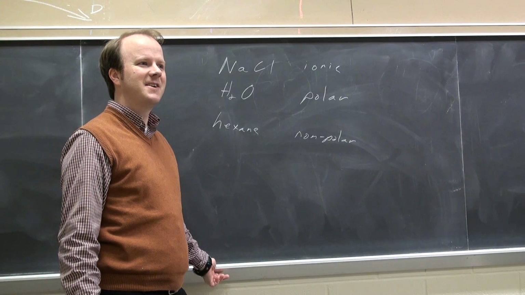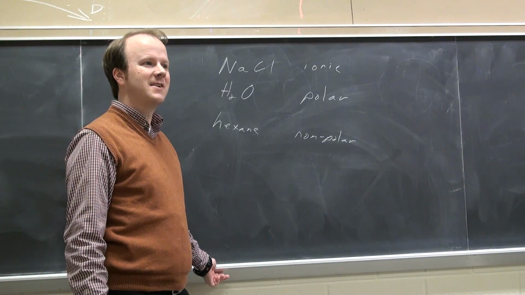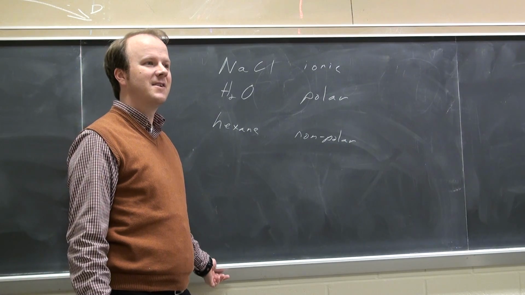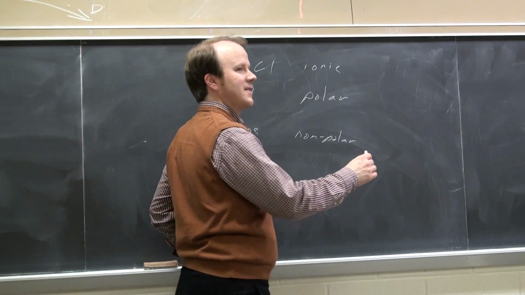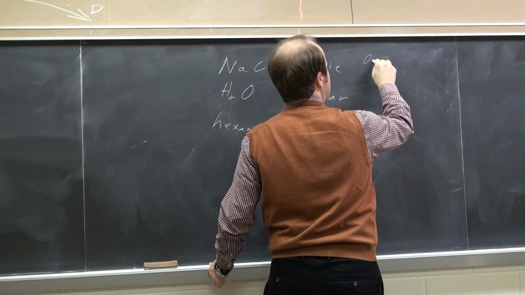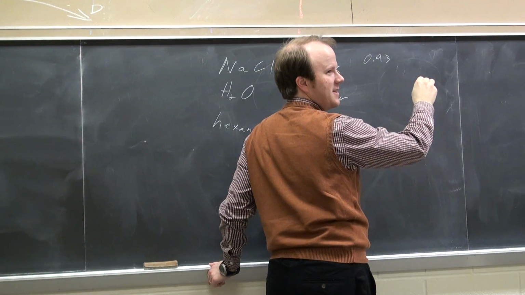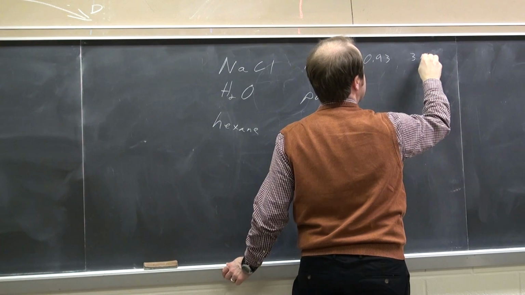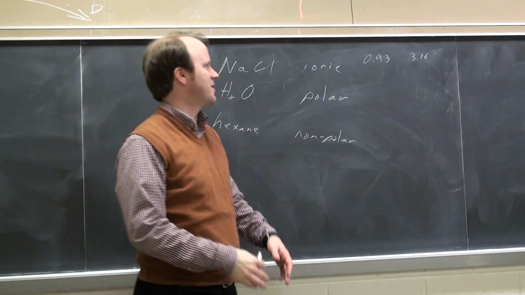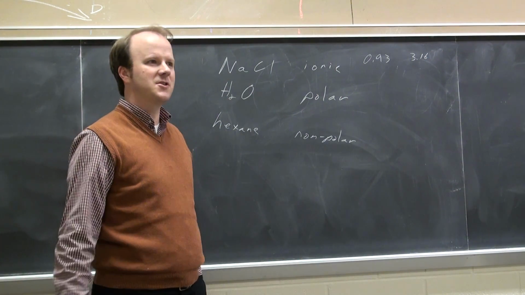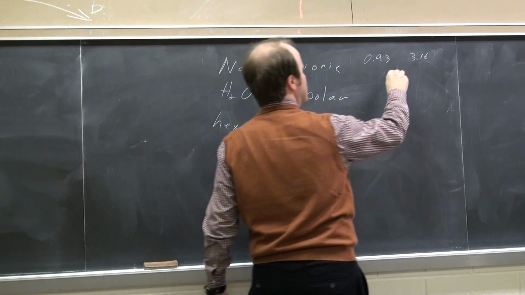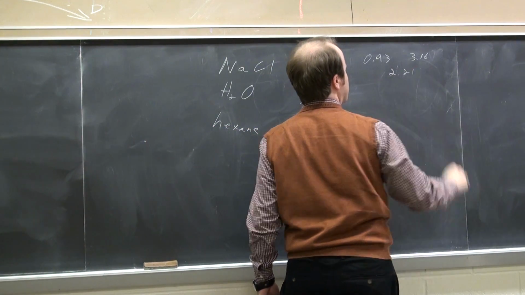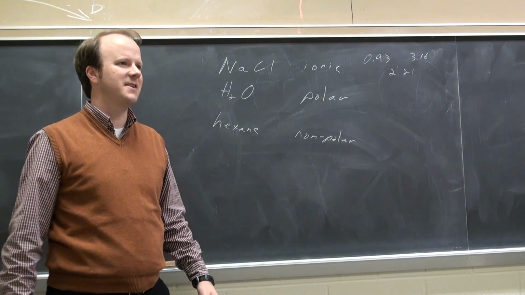It says sodium is 0.93 and chlorine is 3.16. So their difference is on the order of 2.2, something like that, right?